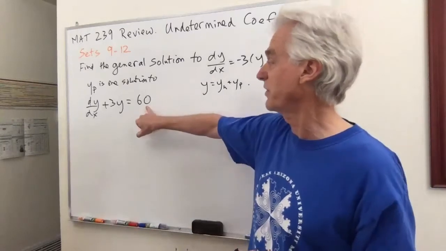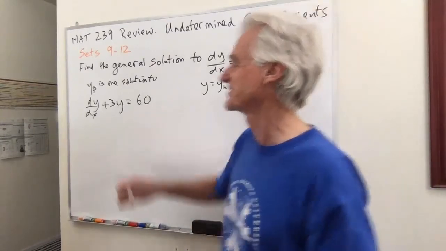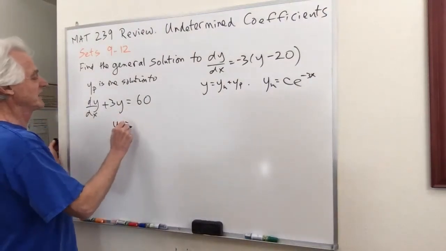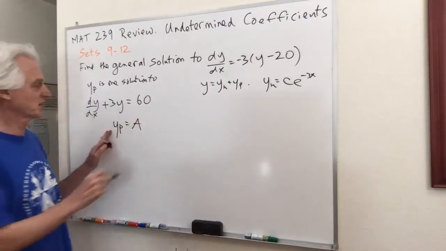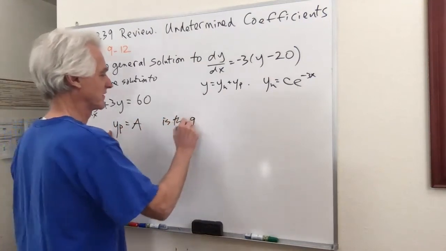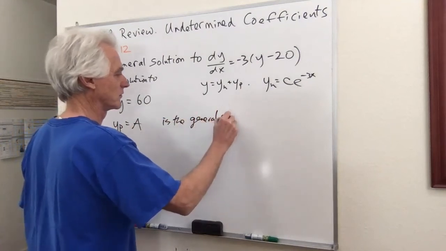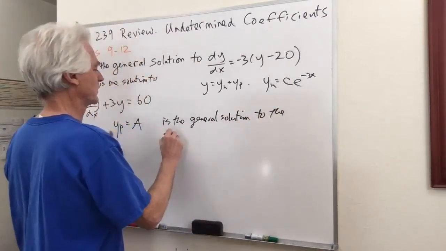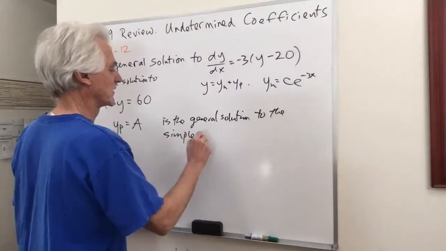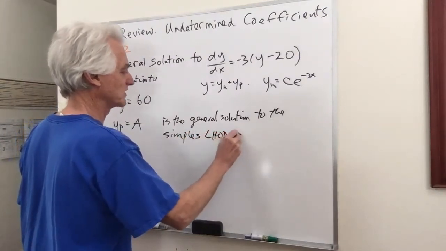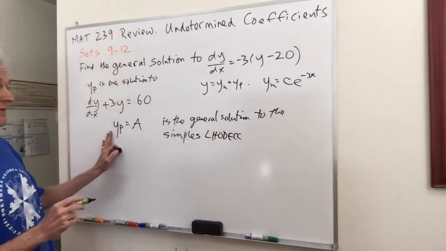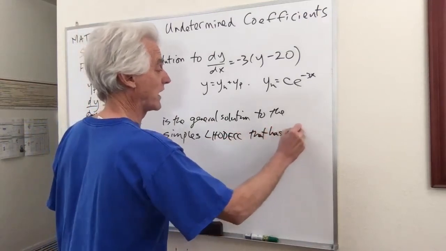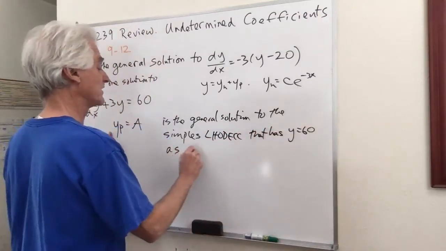Maybe it doesn't look like it, but 60 is a polynomial of degree 0, right? So in other words, yp is just a constant. This is the general solution to the simplest linear homogeneous ODE with constant coefficients that has y equals 60 as a solution.